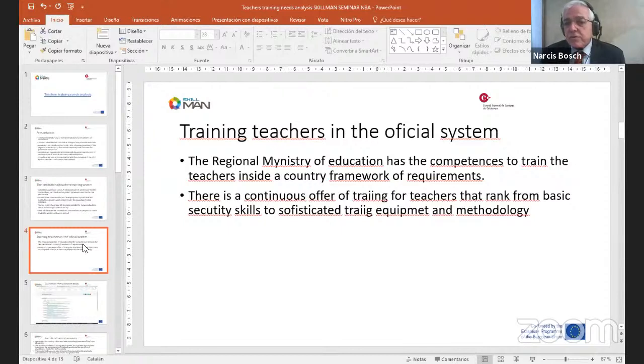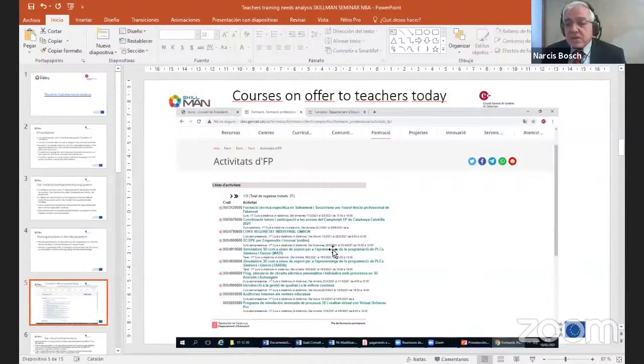There is a continuous offer of training for teachers that runs from basic security skills, for instance, to sophisticated training in equipment and methodology. As an example, if you enter the web page of the regional minister, you find that today you can apply for 27 courses addressed to teachers of vocational training.